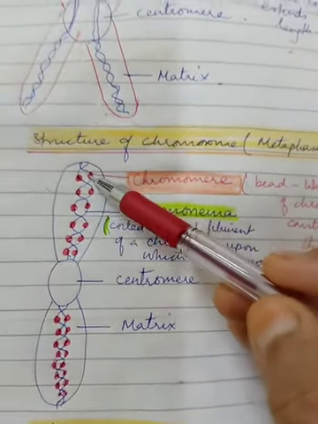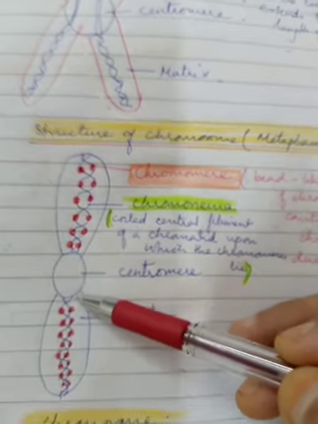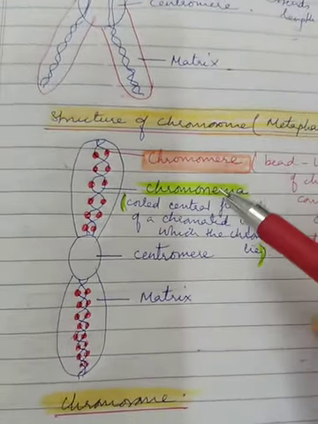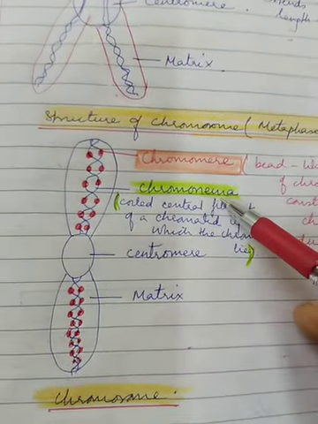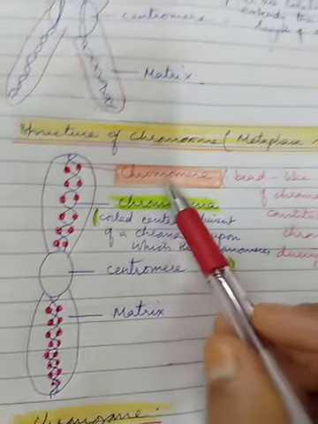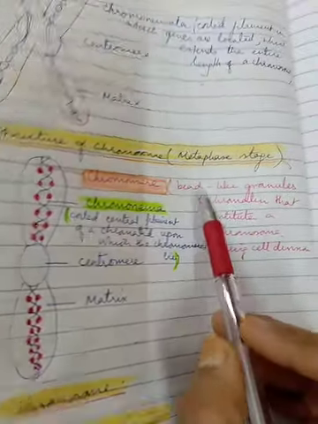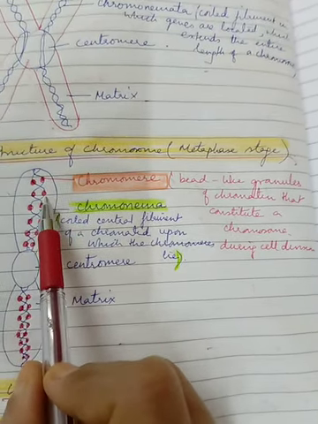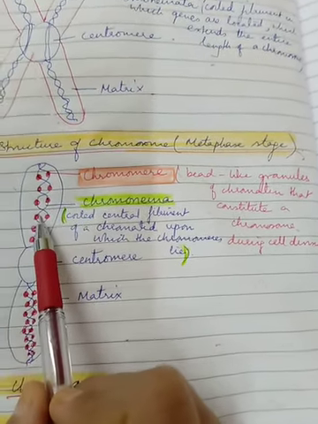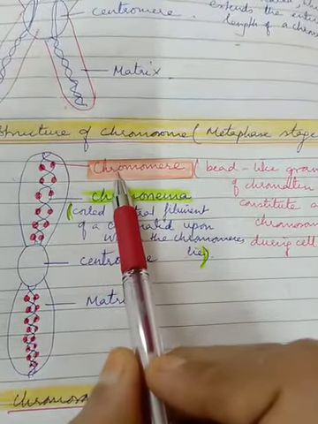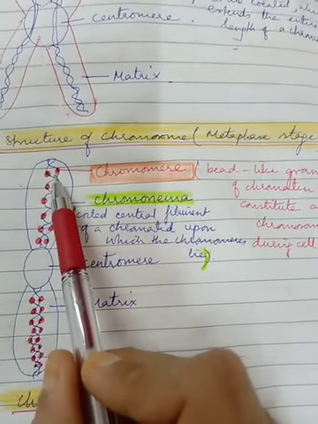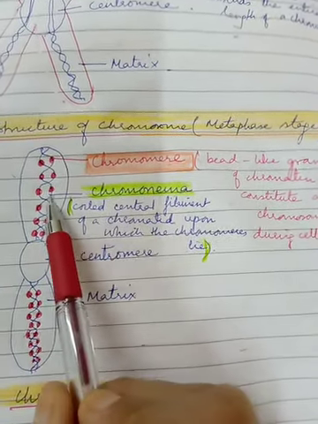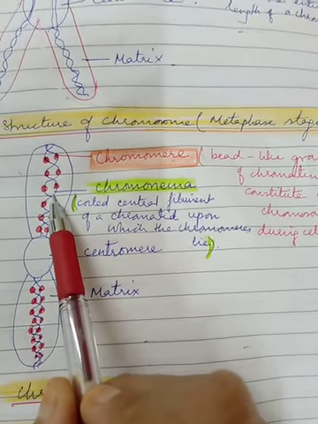This blue colored thread running throughout the length of the chromatid is called chromonema. On the chromonema, there appear bead-like granules. These red structures are bead-like granules that constitute a chromosome during cell division. So once again, chromomere is a bead-like granule, whereas chromonema is a central filament of a chromatid.